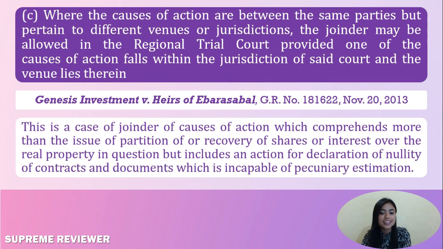Moreover, it is provided under Section 5(c), Rule 2 of the Rules of Court that where the causes of action are between the same parties but pertain to different venues or jurisdictions, the joinder may be allowed in the RTC provided one of the causes of action falls within the jurisdiction of said court and the venue lies therein. Thus, since one of the causes of action is incapable of pecuniary estimation, the complaint clearly falls within the jurisdiction of the RTC.